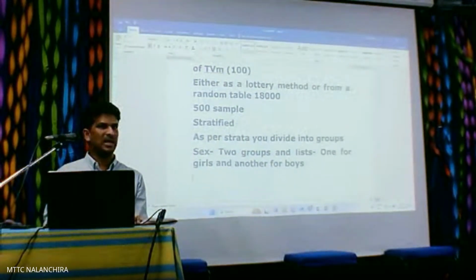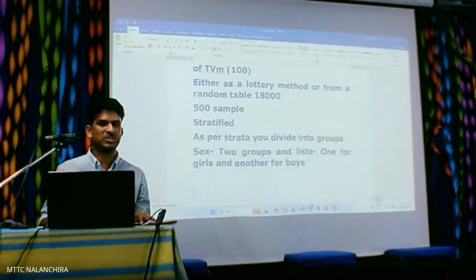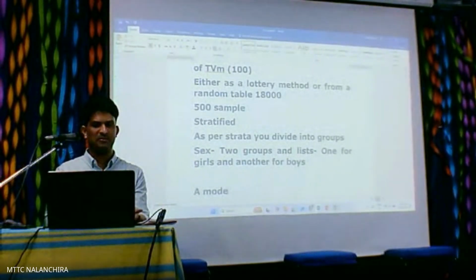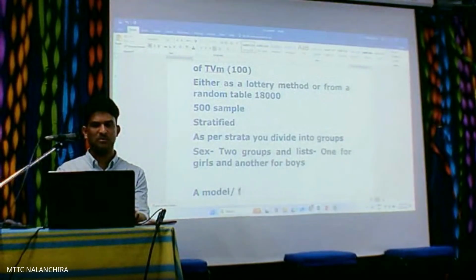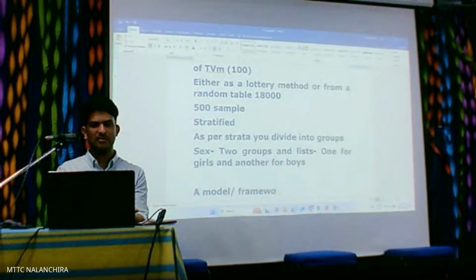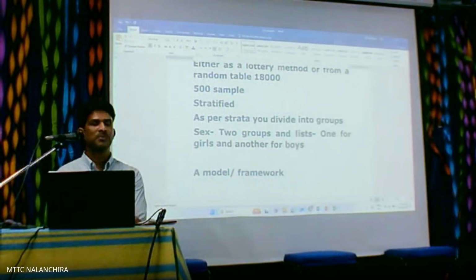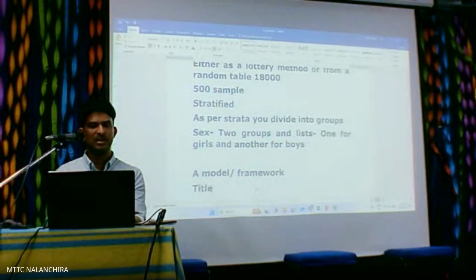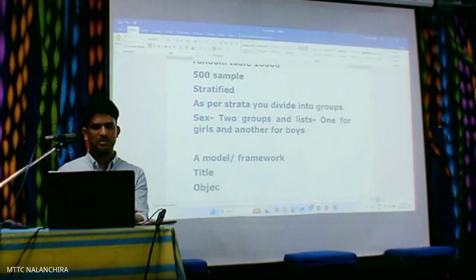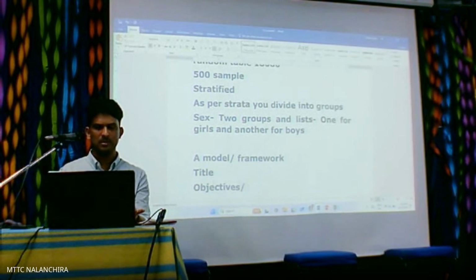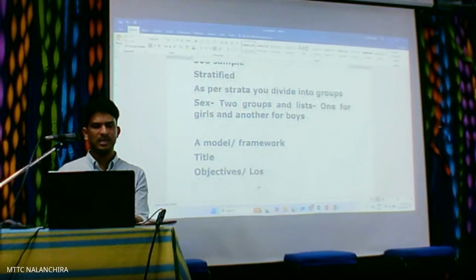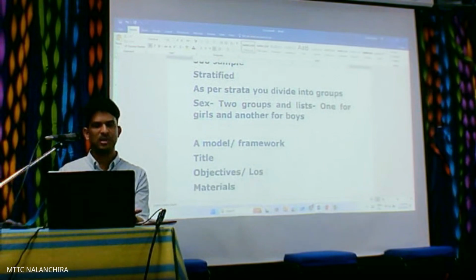Instructional package is asked. If you are making an instructional package, a model you can follow. Model or framework you can go. Whatever theory you have, accordingly you have to make a framework. Instructional package framework. It will have a title definitely, and objectives or learning outcomes. Then about the materials you will write.